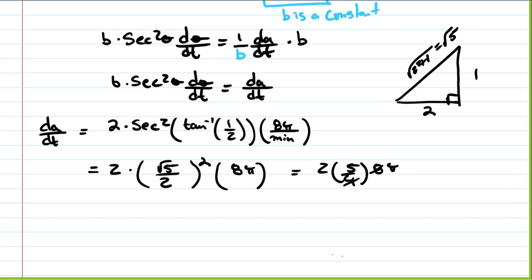So some of these things reduce. 2 times 5 times 2 gives us 20 pi. And it's going to be kilometers per minute. And just to be explicit, the B was 2 kilometers. And we get that as our answer.